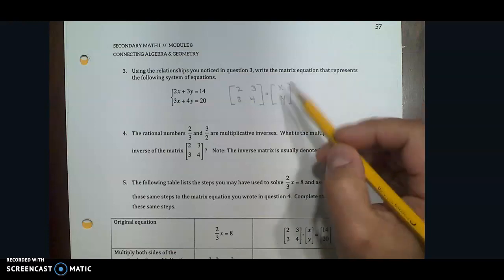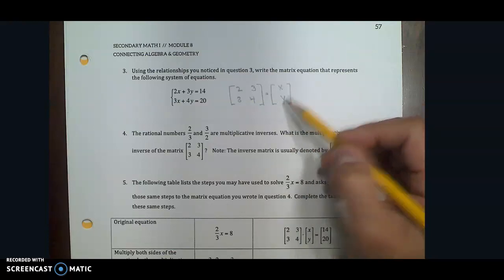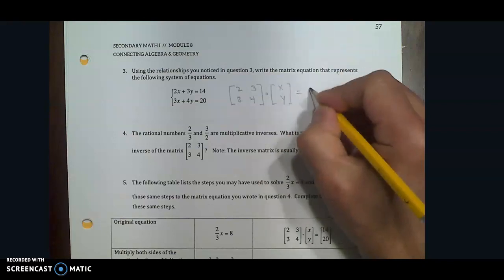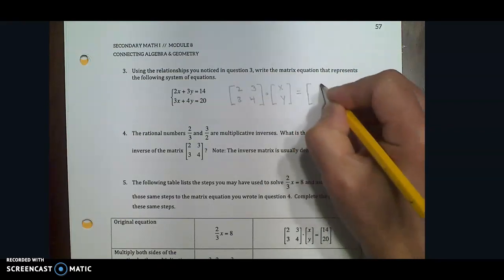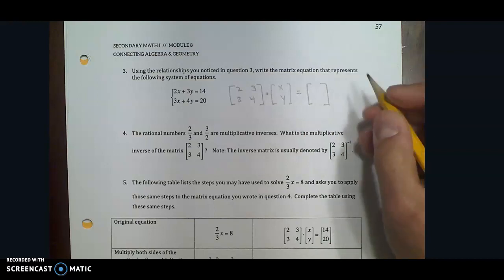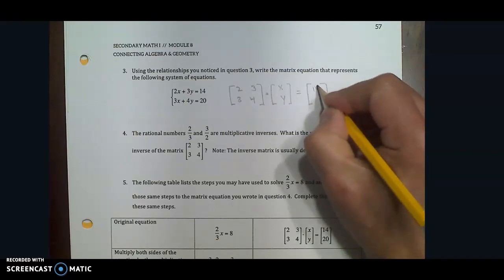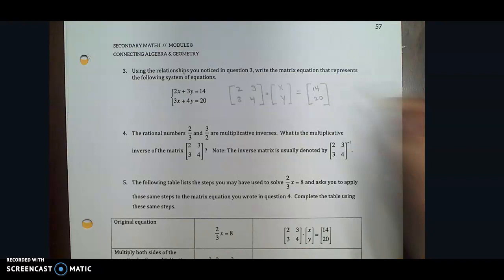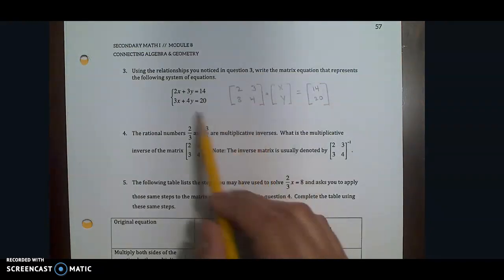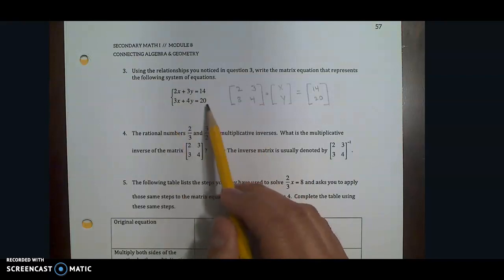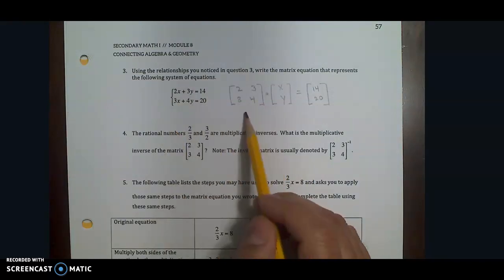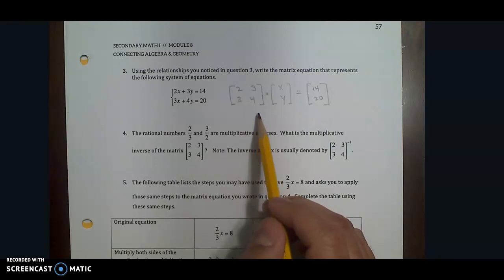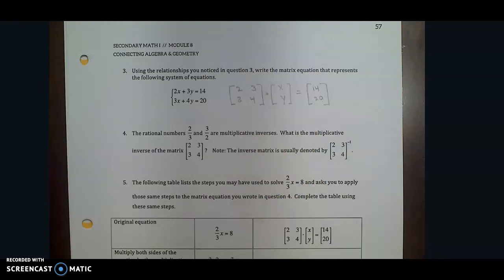So we're going to write the variables as columns, x and y. And then we're going to write our solution matrix, which is also going to be a column. There's 14 and 20. Okay, so that's how we transfer a systems of equations into a matrix multiplication equation.